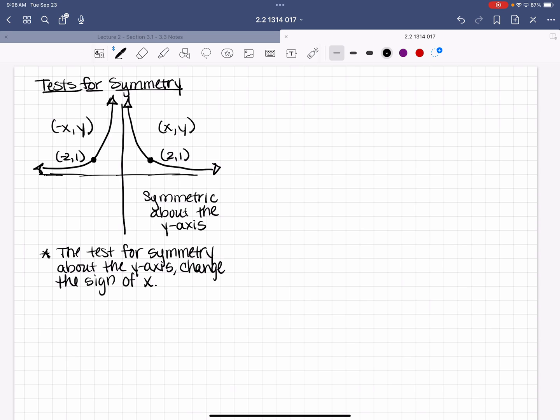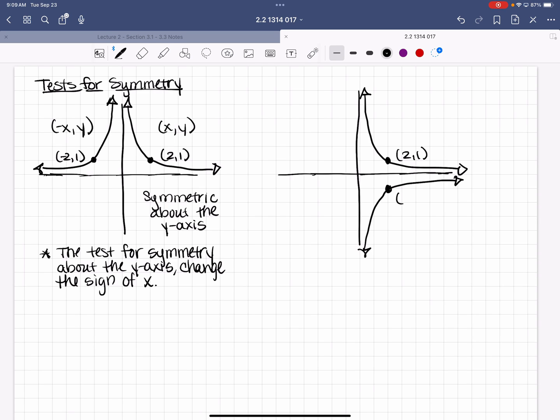If I'm looking about the x-axis, let's see what it looks like. Now, you'll notice that about the x-axis, I still have the point 2, 1, but this time I'm going to have the point 2, negative 1. So I have the point 2, 1. I have the point 2, negative 1.